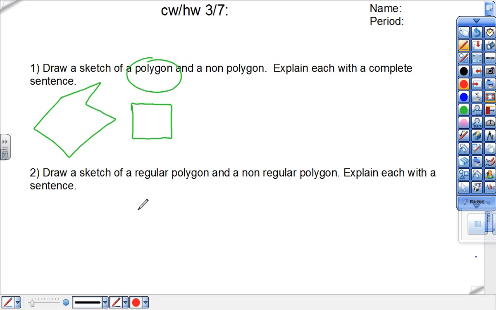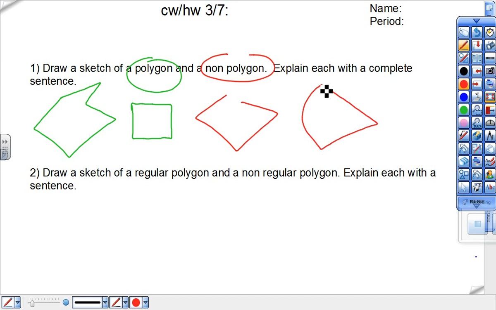These are non-polygons. That one's got an opening. You can't have that. That is a non-polygon. That one has a rounded section. Cannot have that to be a polygon.